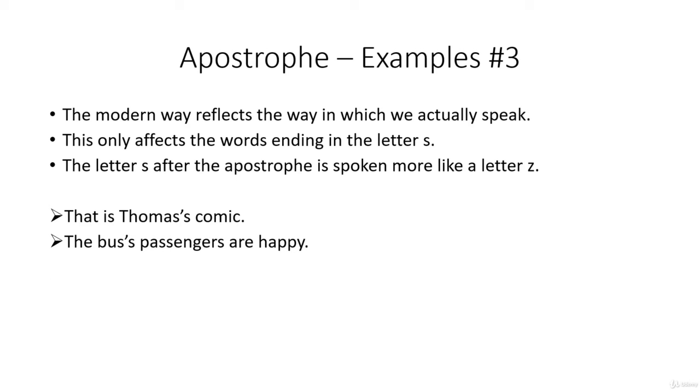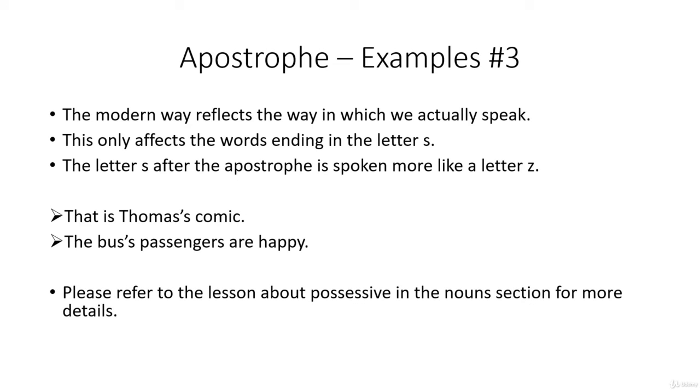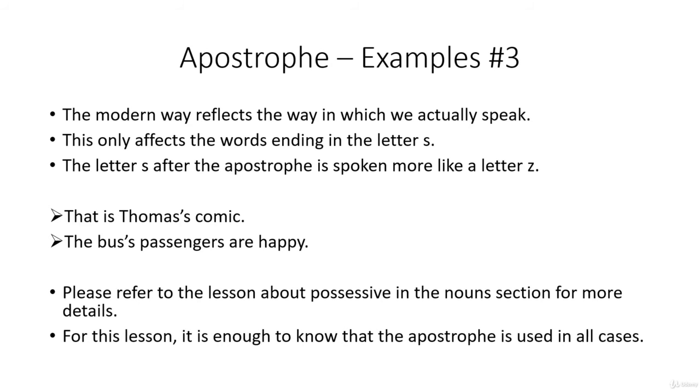The bus's passengers are happy. Now there is a whole lesson in the noun section about possessives, so please refer to that for more information. But for this lesson, it's enough to know that the apostrophe is the punctuation mark that we use here.